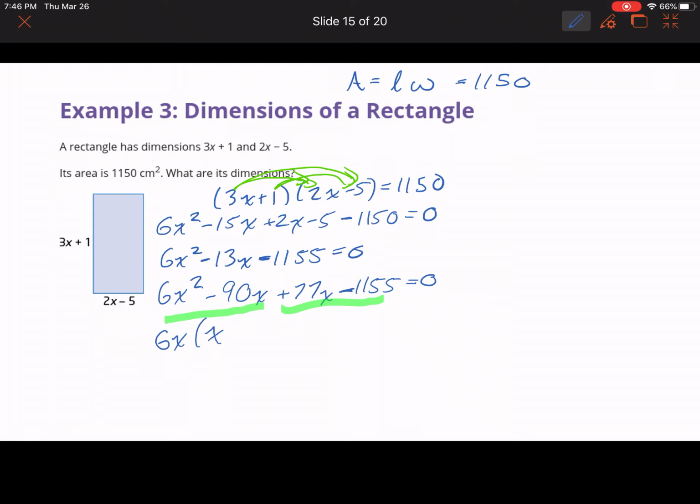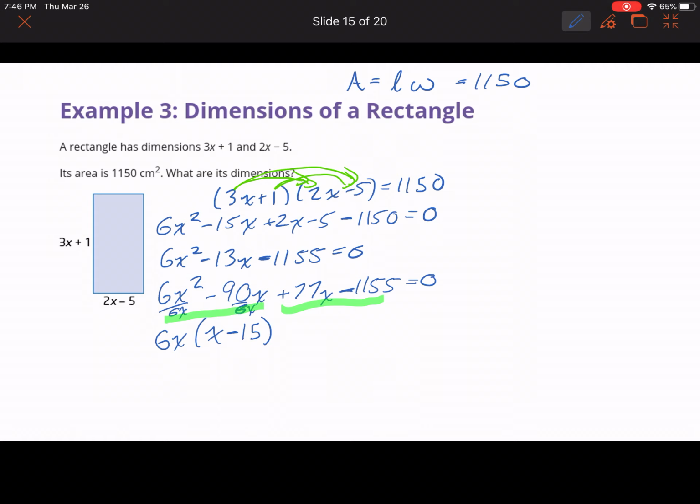So 6x is what I'm dividing both of them by. That's what I'm factoring out. So it goes outside the brackets. Both of those terms get divided by 6x. We end up with just an x left, minus 15.